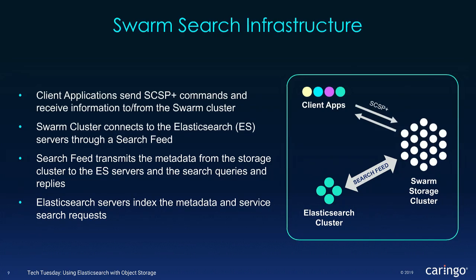But of course, that's problematic in terms of recovery time. If you lose your Elasticsearch database, then you can't do listings. So what you can do is back up your Elasticsearch database to your Swarm to make recovery much quicker.